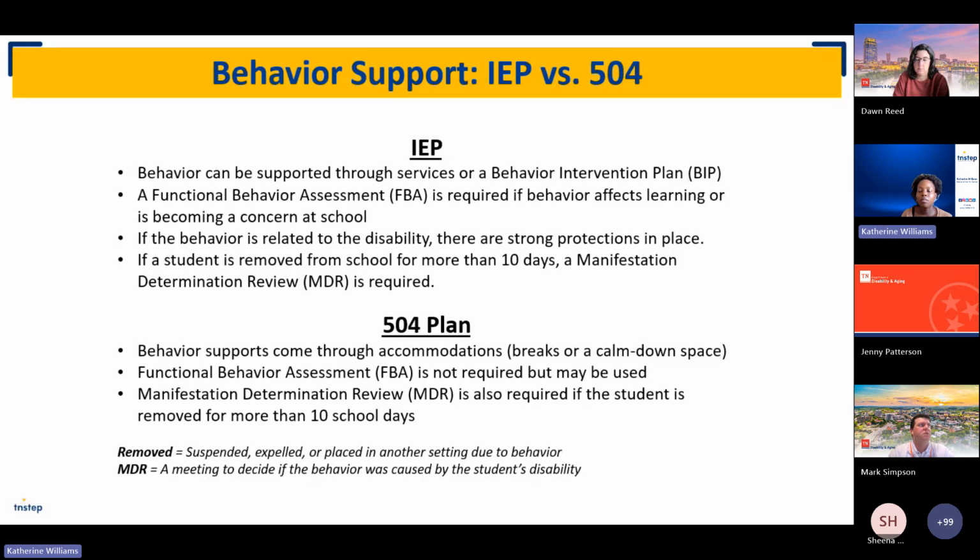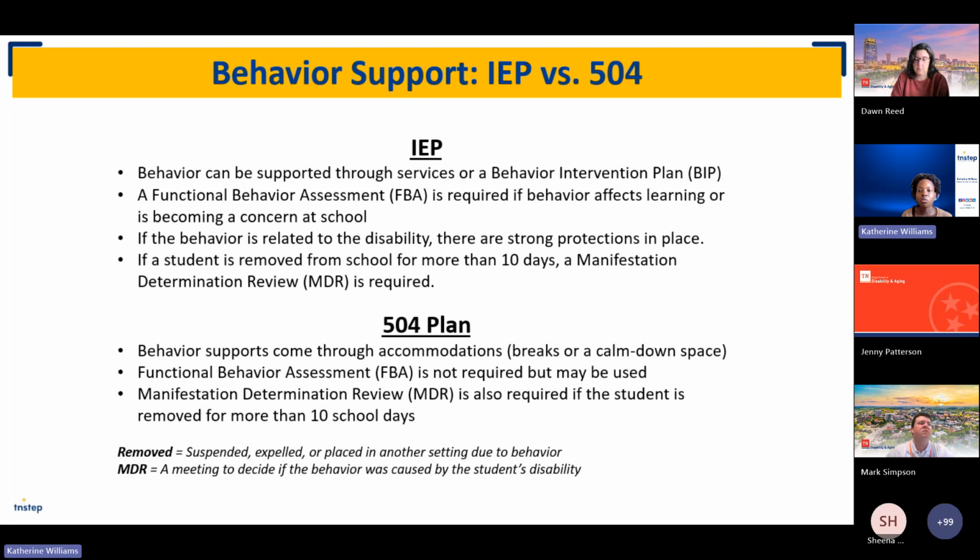And so it's just important to know how that could possibly look in the IEP. If there is a behavior that continually keeps happening and it's affecting the child, it's affecting other students, the school should complete what's called a functional behavior assessment, or FBA, if that behavior is affecting the child's learning.